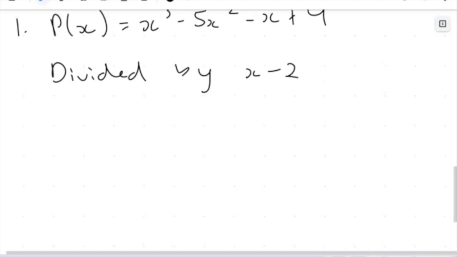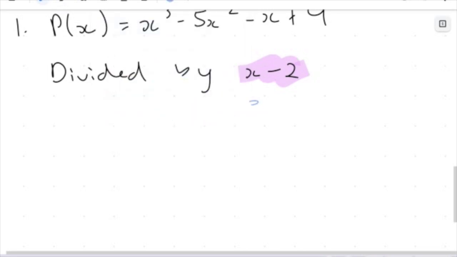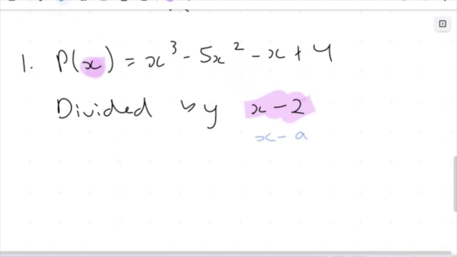Now remember, this is basically in the form of x minus a, where this a term, in this case, is positive 2, because it's in the form x minus a, so x minus 2, my a term is going to be 2. If I substitute this back into here, I'm going to get the remainder.